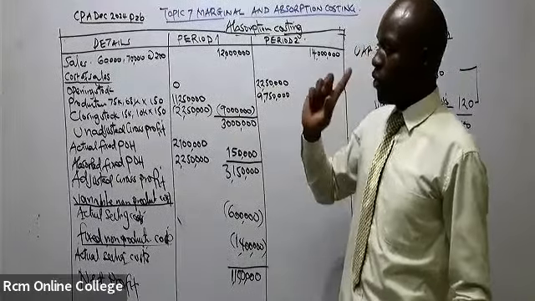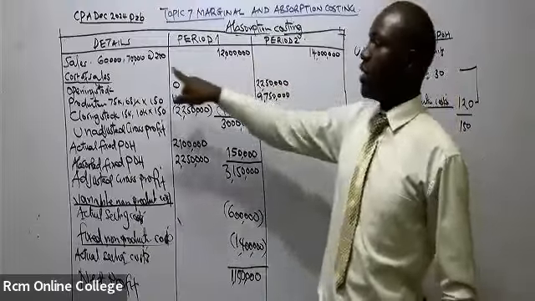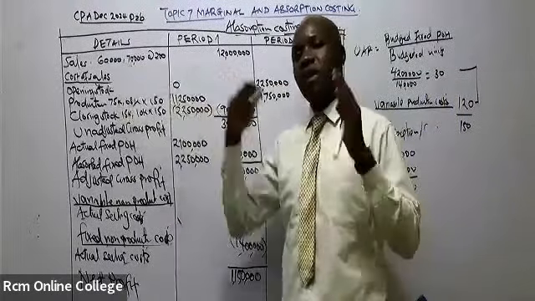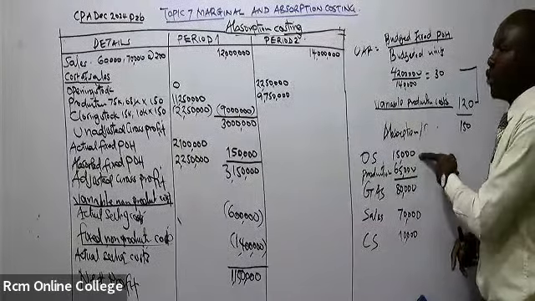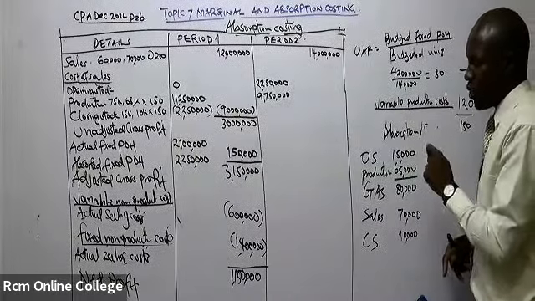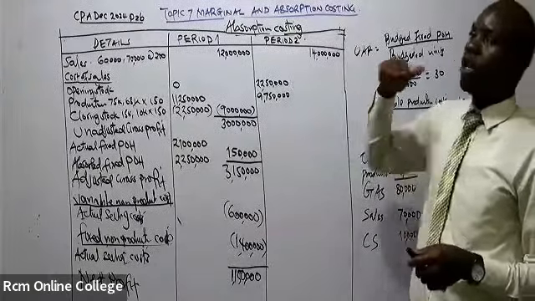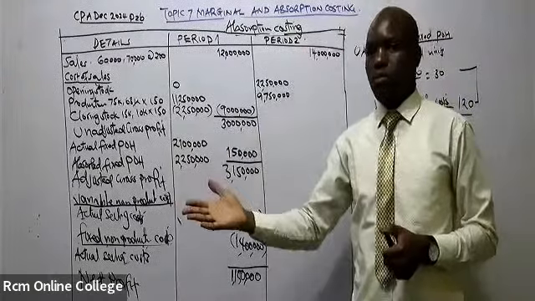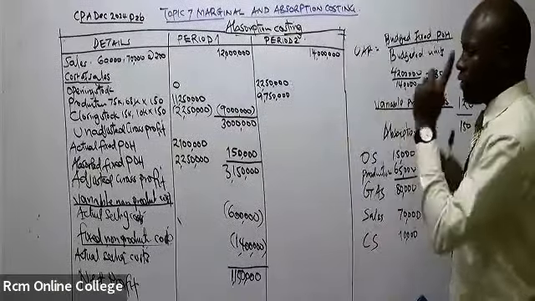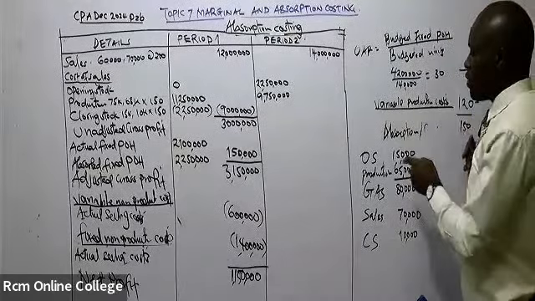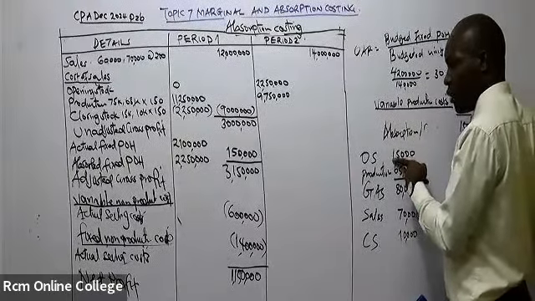So in the FIFO method, this company made sales of 70,000 units, and we have an opening stock of 15,000 units. This is the policy: the opening stock will be sold first before we sell the new production. That is to say, out of the 70,000 units that were sold, 15,000 is part of the opening stock.